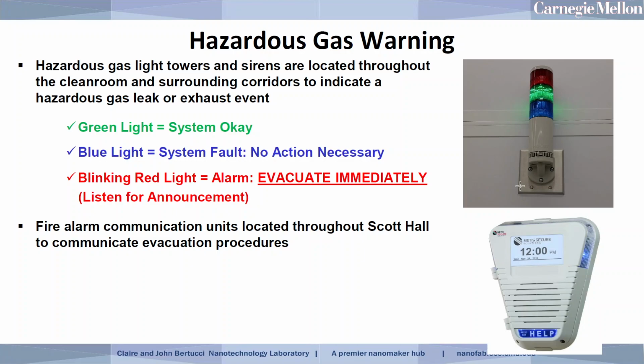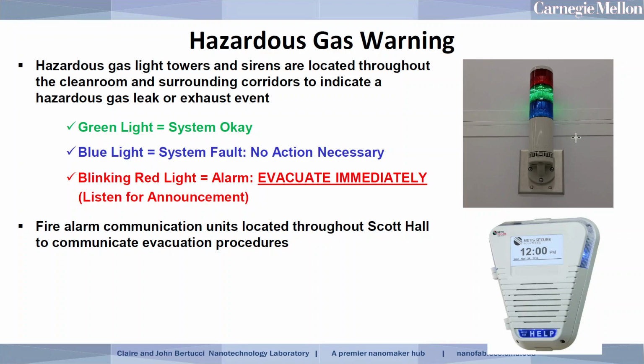So basically there's just three colors. The green light, which is the everything-is-okay status indicator, will be on most of the time. That's the normal state. A blue light would indicate a system fault.